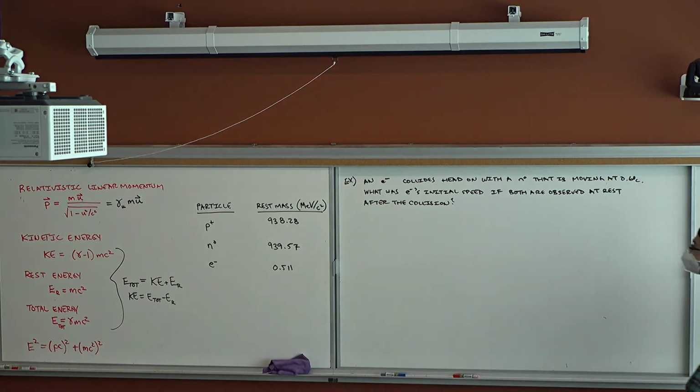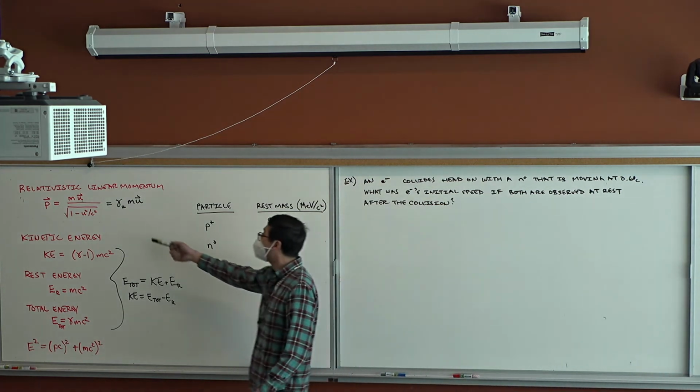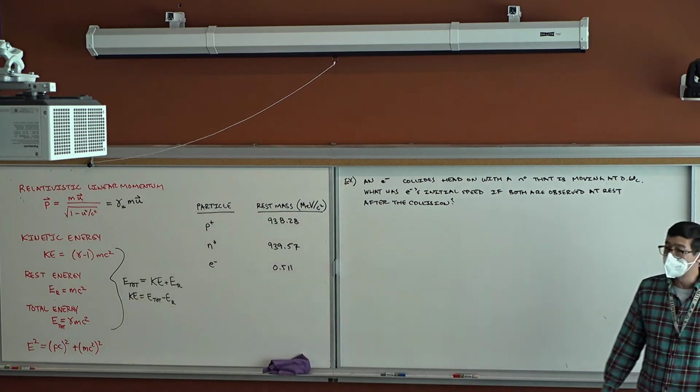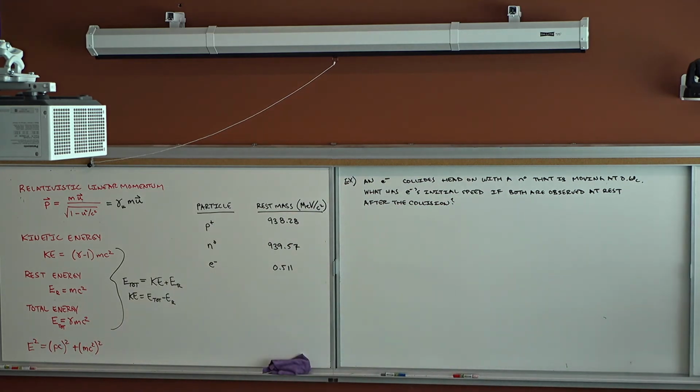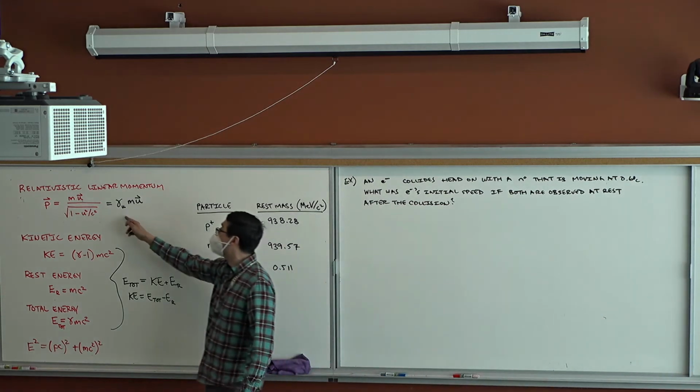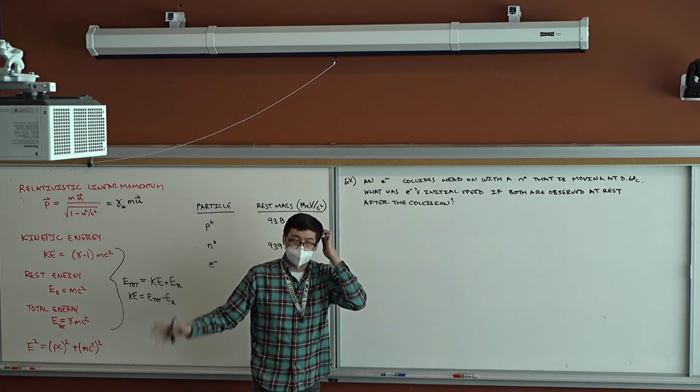It's just this time we're talking about high enough speeds that we can't use the approximation that momentum is just m times u. This time it needs to be gamma times m times u.